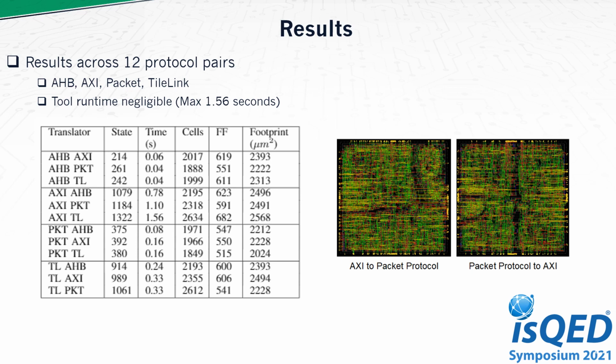In the table shown here, we display these results, including the runtime, cell count, and area of the designs after both synthesis and place and route in 28 nanometer technology. We also show some layouts for a pair of translators. One significant takeaway from this table is the exceptionally low runtime enabled by our FSM integration algorithm, which is, in the maximum case, 1.56 seconds.